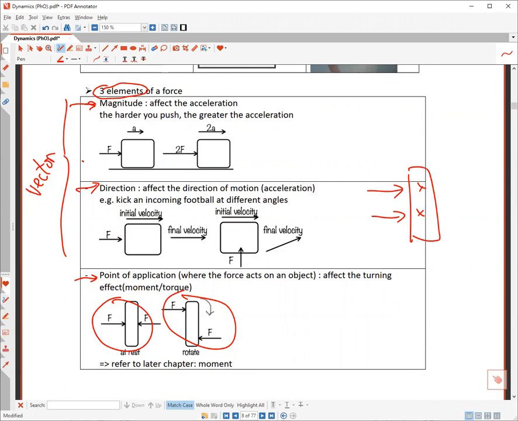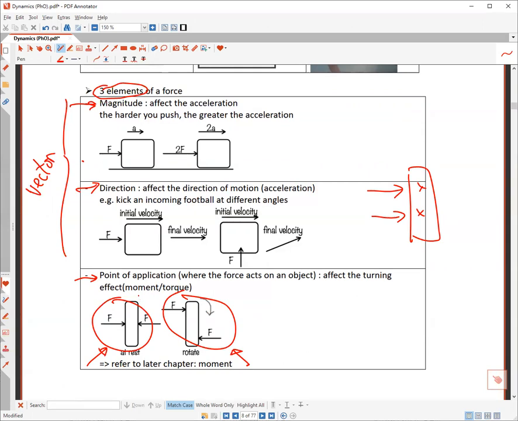But you can definitely see the motion of these two objects is different. The one on the left-hand side will be at rest, but the one on the right-hand side will rotate. So they have different effects on the motion of the object. This is about rotational motion, or you can just say turning effect.